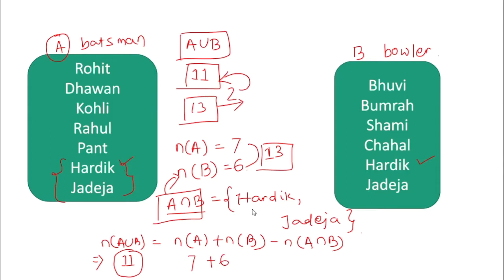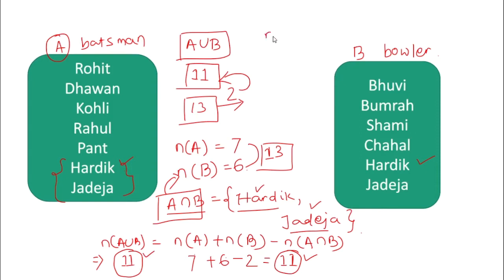And as you can see here, the number of elements in A intersection B is 2, that are Hardik Pandya and Ravindra Jadeja. So if I subtract, then 7 plus 6 equal to 13 minus 2 equal to 11. So in RHS also I am getting 11 and in LHS I have got 11. So my problem is fixed now.